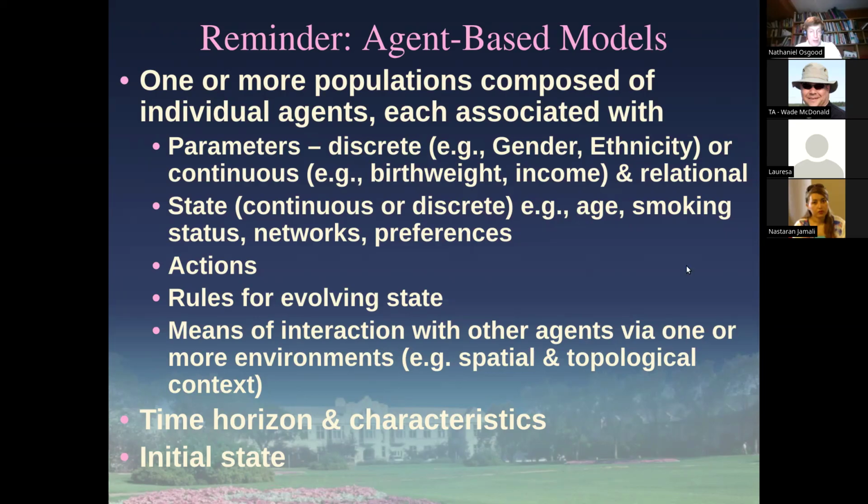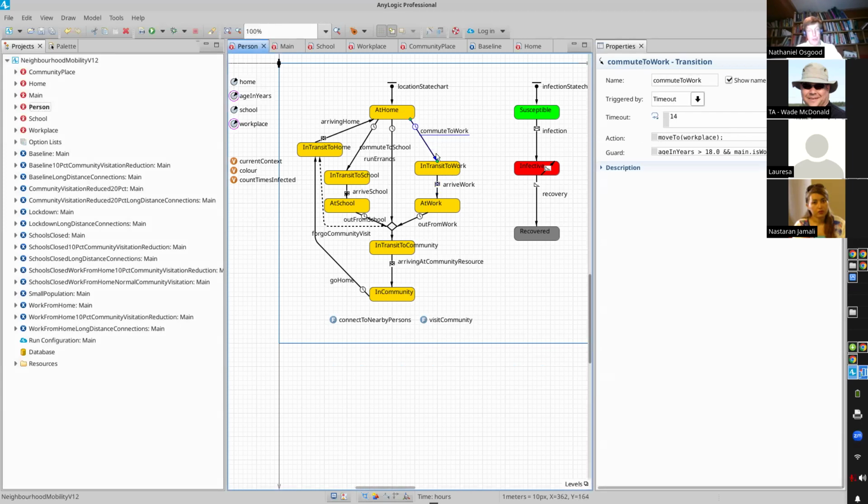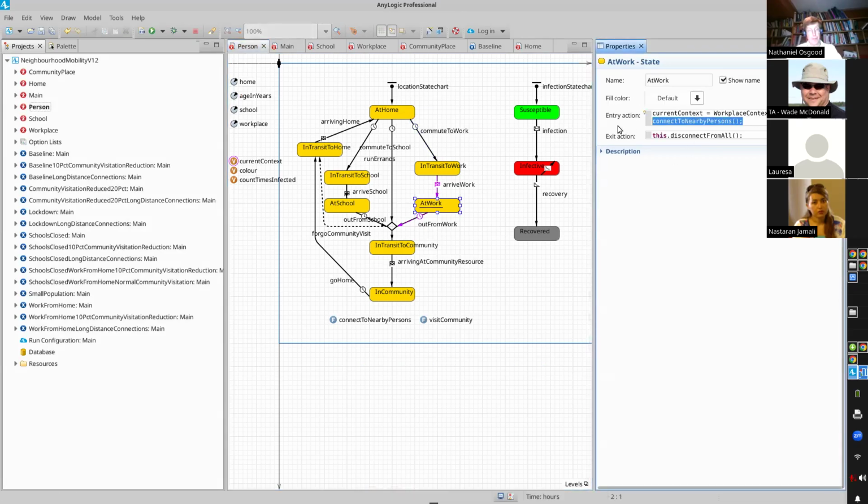And then they have a means of interaction with other agents or with the environment. Often we talk about environment interaction as embracing also interacting with other agents. How did they do that in this model? Well, it's hinted at by the fact that when they set to move to the workplace and they arrive at work, we hitch them up to nearby people in a little network so that they're subject to infection by those others, so they can transmit infection.